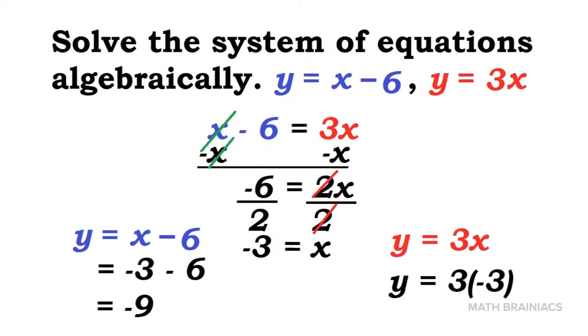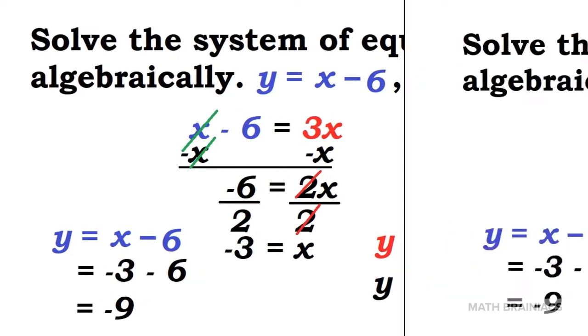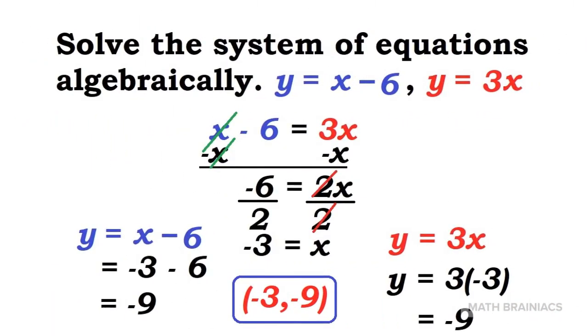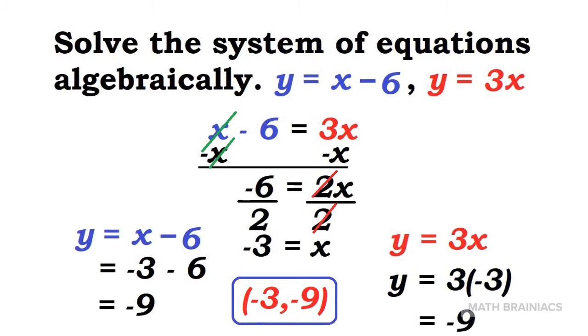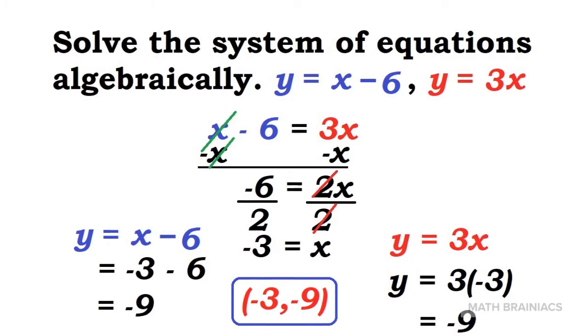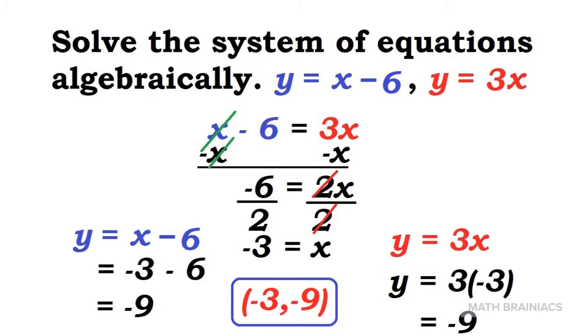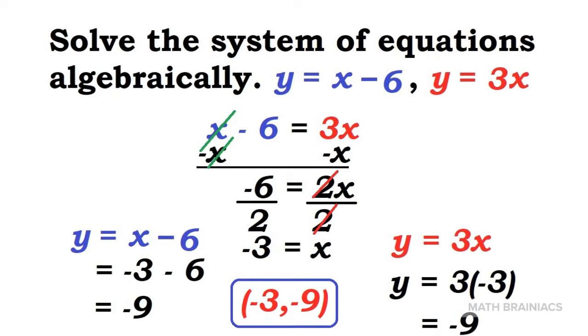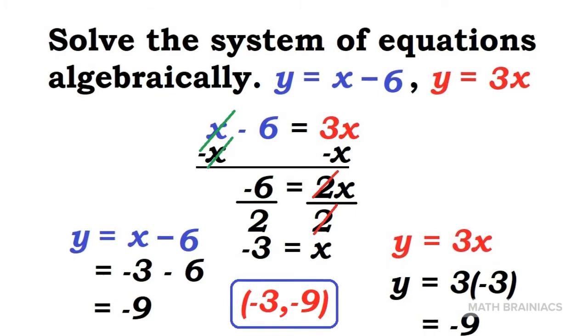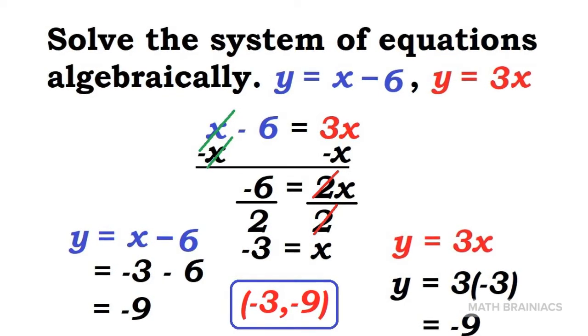And it will give us 3 times 1, which will give us the same. Therefore, our solution for the system of equations is x equals 3 and y equals 3.